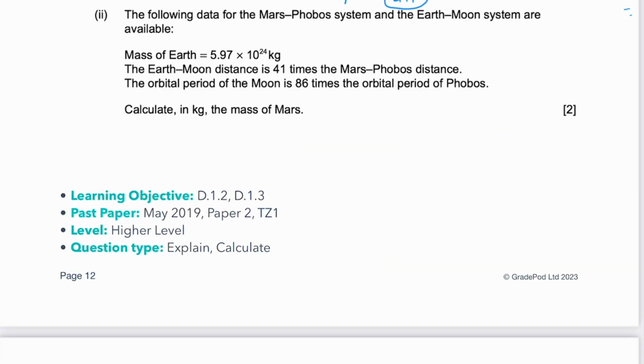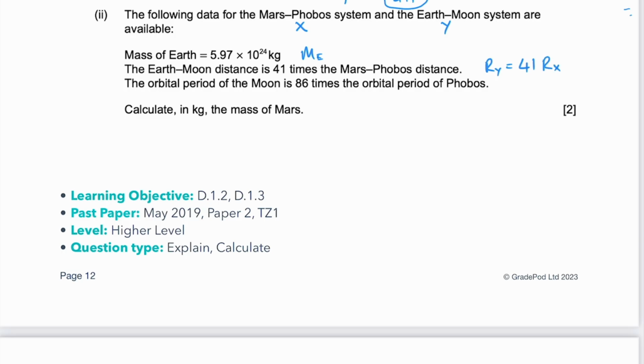2. The following data for the Mars-Phobos system and the Earth-Moon system are available. We've got the mass of the Earth, and we know that the Earth-Moon distance is 41 times the Mars-Phobos distance. Let's name Mars-Phobos X and Earth-Moon Y. So Ry is 41 times Rx.